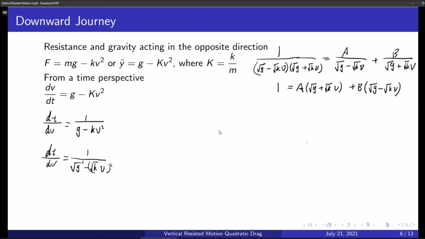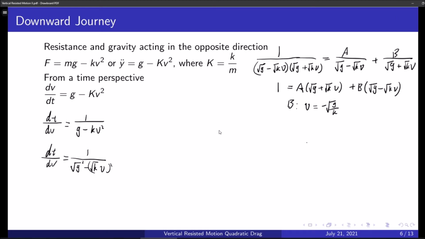So let's try to figure out what b is. If we're trying to find out what b is, then we have to make a disappear. So v has to equal negative square root of g over k.